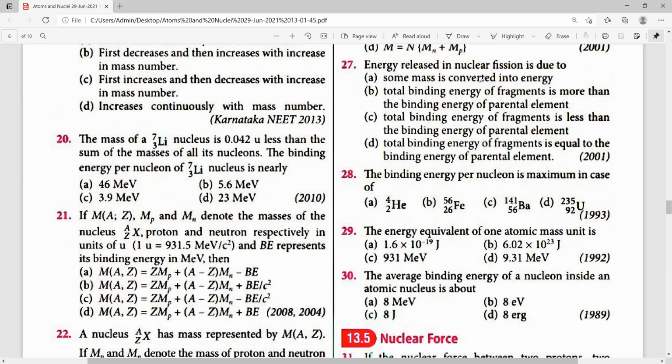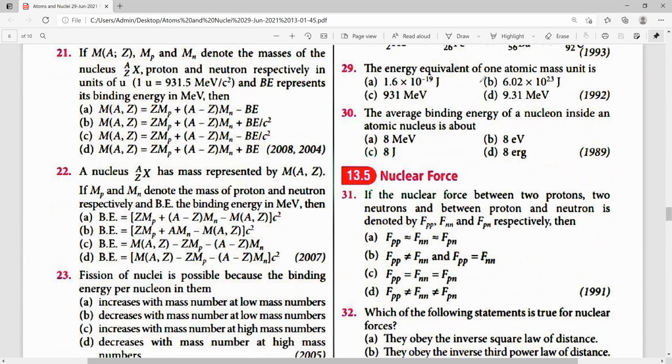Next, 21. If mass of A, Z, MP and Mn denotes mass of nucleus X, protons and neutrons respectively in units of atomic mass unit, and binding energy represents its binding energy in mega electron volt, then that is represented as 4 options they have given. Among 4 options, we have to choose the right answer.